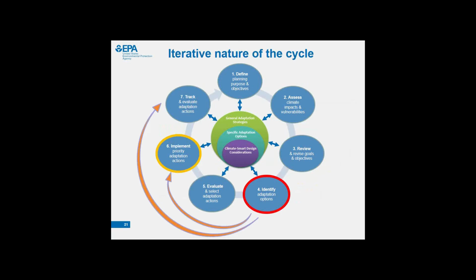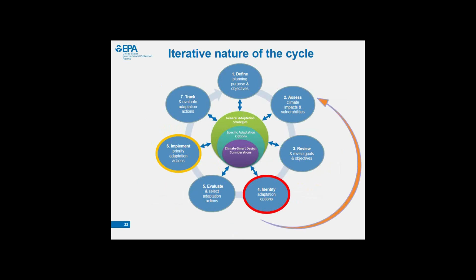Now, it works the other way as well. We can use the information on supplementary output 1, the information gaps and research needs, which often contains a lot of questions about climate impacts, vulnerabilities, and unknowns that the person using the tool needs to know more about to get firm and solid with some of the design considerations.